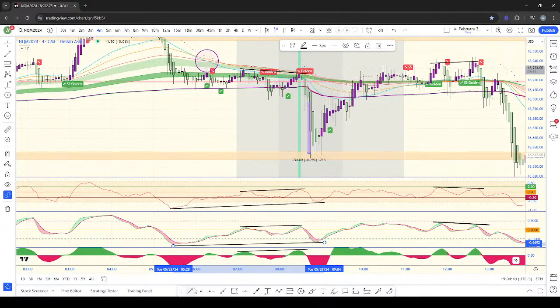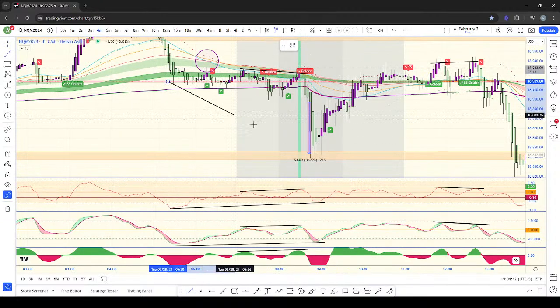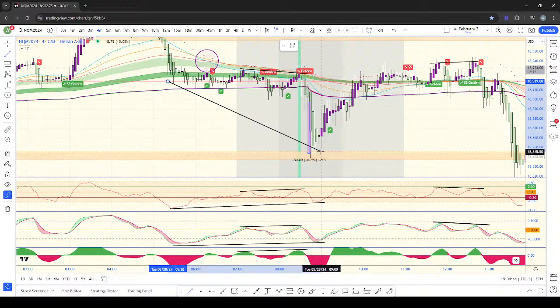But look what's happening here on price. You see that? Price is doing the opposite of what the oscillator is doing. Oscillators are telling you that momentum is shifting to the upside. So here is the trading oracle signal.